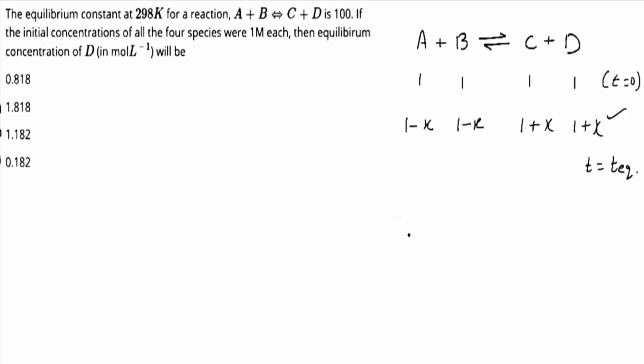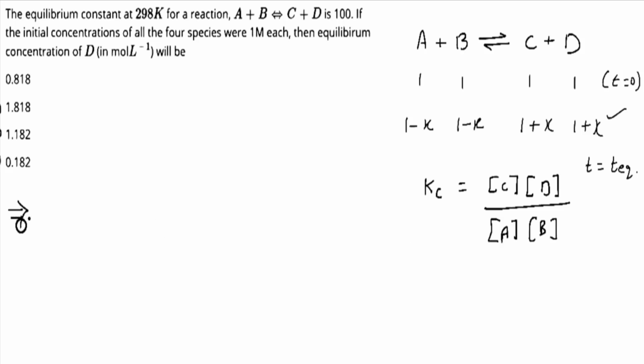Kc is equal to the concentration of C times the concentration of D, divided by the concentration of A times the concentration of B, and it is equal to 100.